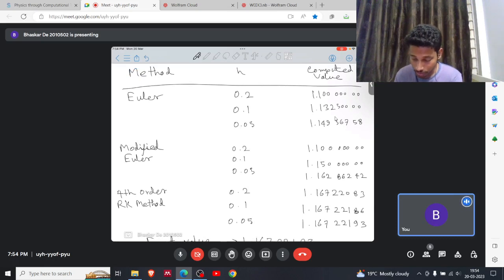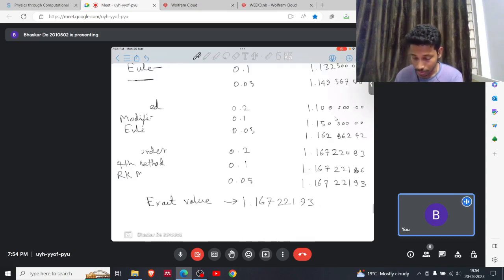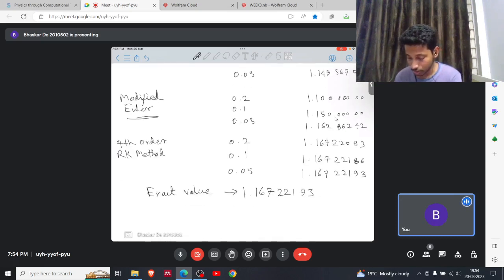So here you can see that the Euler method is the slowest method. Then the modified Euler, by changing the value of h, the smaller the value of h, the accuracy is getting higher. When we use 0.05, we get 1.162862242. So modified Euler is at least getting to 1.16.